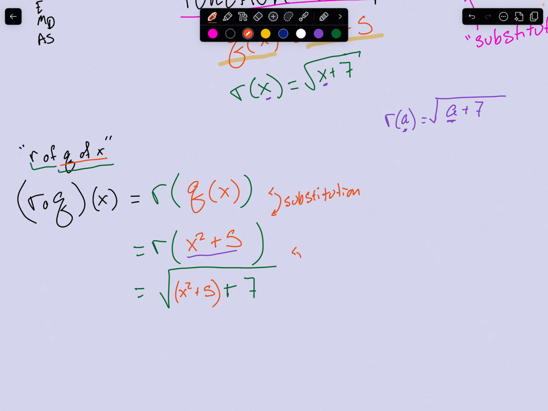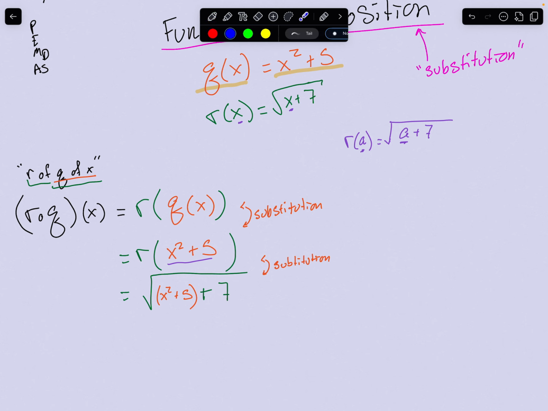And again, we're substituting. Each of these steps is substitution. My first substitution is taking the name of my function and substituting it for the equation of my function. The second substitution is taking the variable of my function, r of x, and replacing it with this guy.